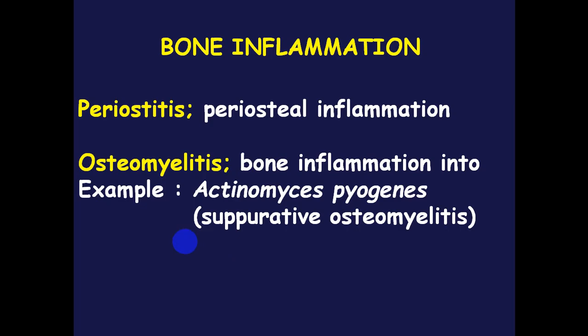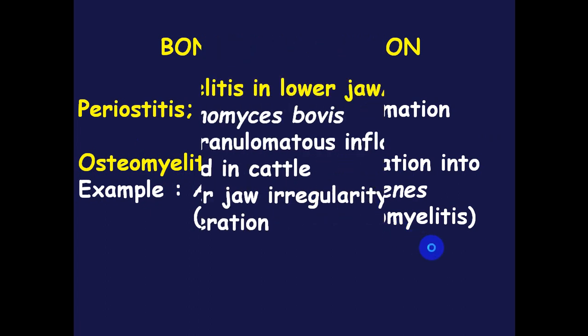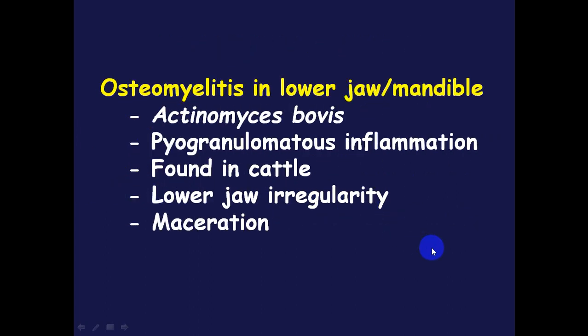Okay, so osteomyelitis means bone inflammation into the medullary cavity. For example, due to Actinomyces pyogenes. Osteomyelitis caused by Actinomyces causes pyogranulomatous inflammation. Actinomyces is a kind of bacteria. The disease is found in cattle.